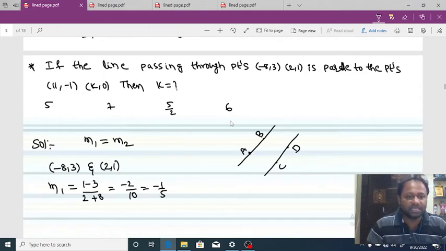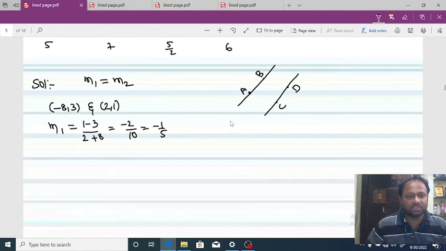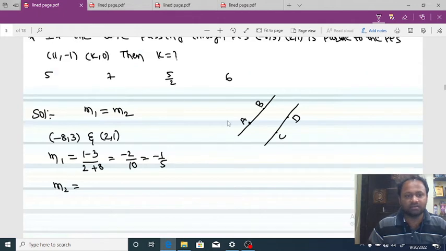Okay, here y2 minus y1, 1 minus 3, divided by 2 minus of minus 8, plus 8. First slope I got, and next the second slope. What is the second slope? M2 is equal to, what are the remaining points?